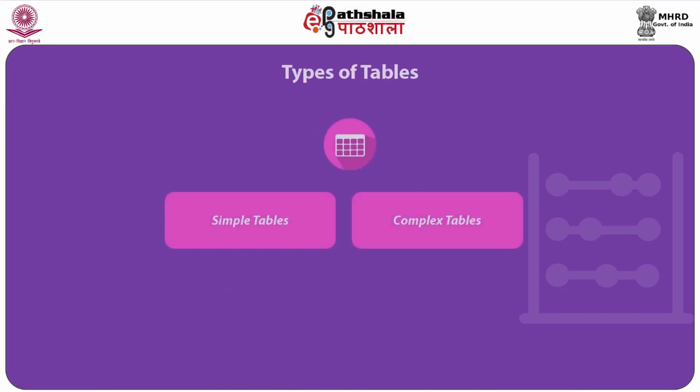The next type of tables are complex tables. This type of tables show the division of data into two or more categories or give information about two or more interrelated questions, mostly dealing with one or more independent and one dependent variable.